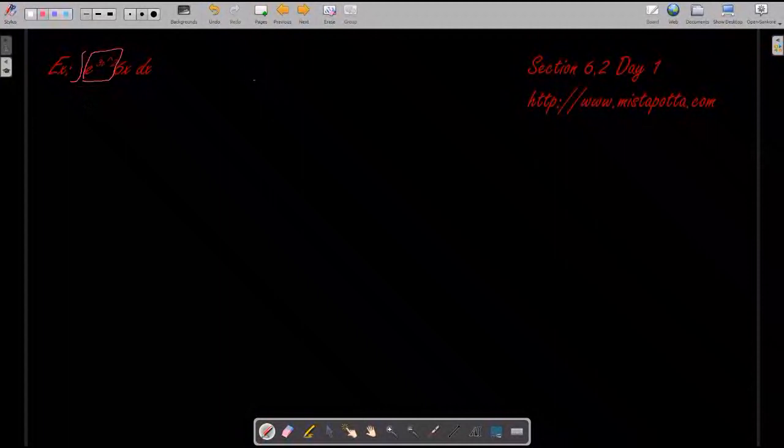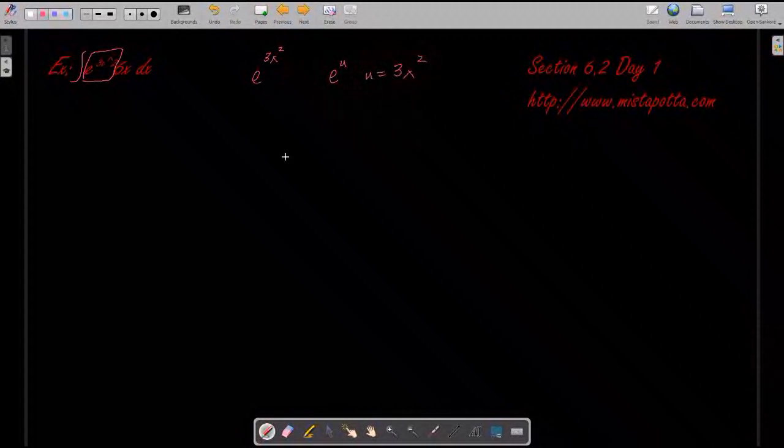So if I look at e to the 3x squared, I notice that I have a composition of functions. I've got e to the u, where u equals 3x squared.